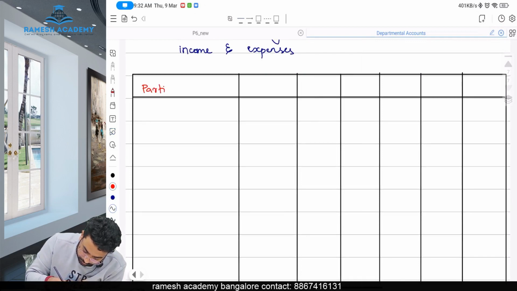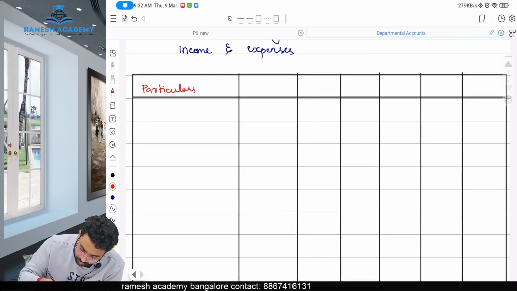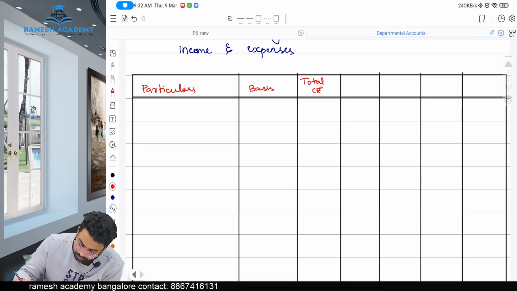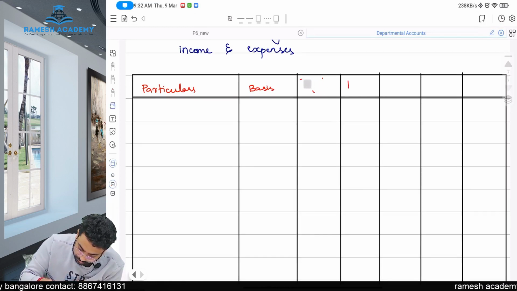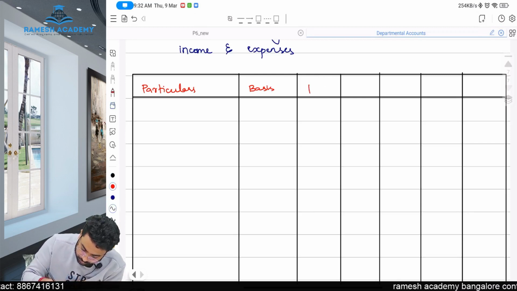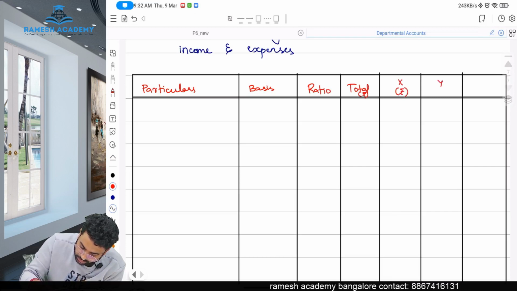Particulars, basis, total, ratio, then X how much, Y how much, Z how much.